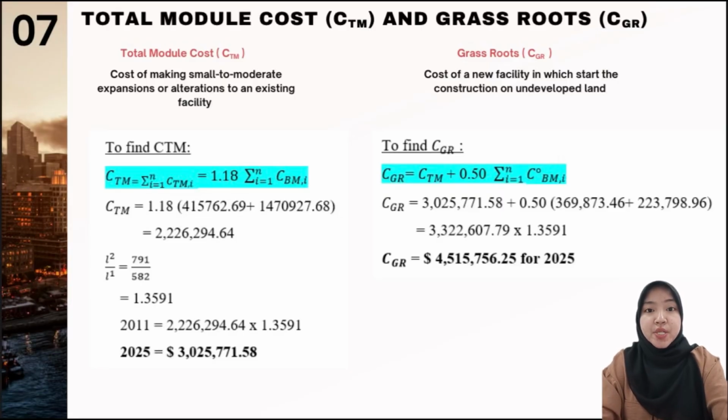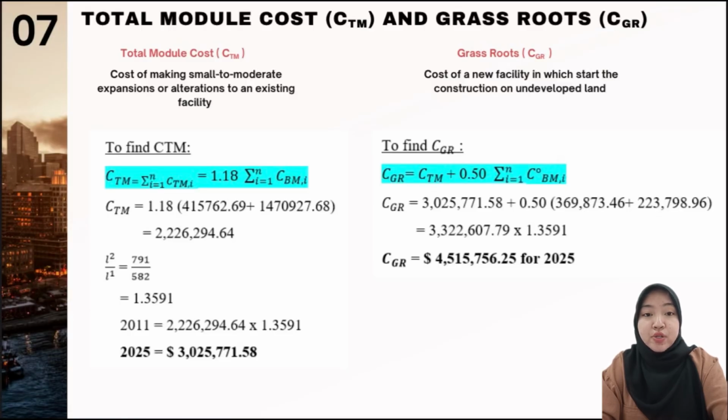Now I want to explain grassroots CGR. The definition of CGR is the cost of a new facility in which the construction starts on undeveloped land. Before you calculate the CGR, you should know the formula. The formula for CGR is CTM plus 0.50 times the CBM values, multiplied with the index. So CGR equal 3,025,771.58 plus 0.50 bracket 369,873.46 plus 223,798.96 close the bracket.